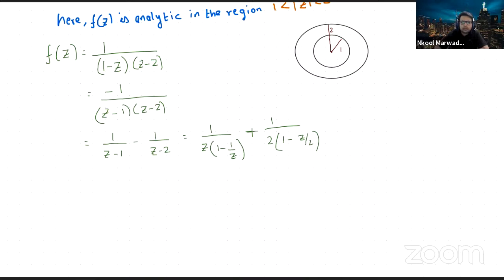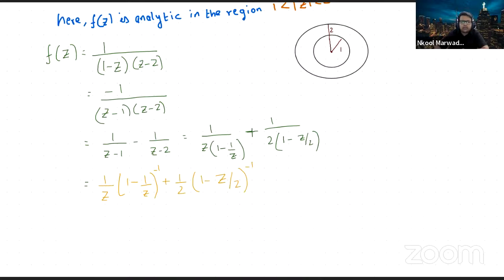Now I can write like this, 1 by z. Let me write in color so that it becomes more readable. So it will become 1 by z into (1 minus 1 by z) to the power of minus 1, plus 1 by 2 into (1 minus z by 2) to the power of minus 1.